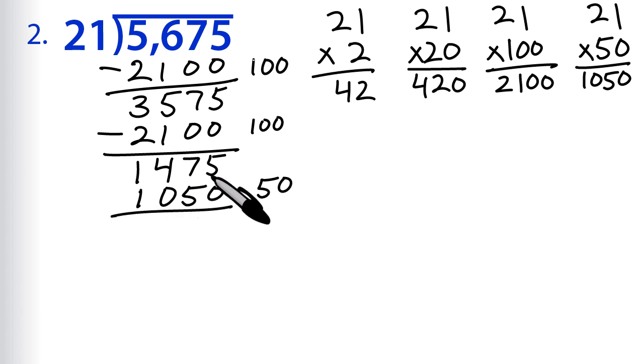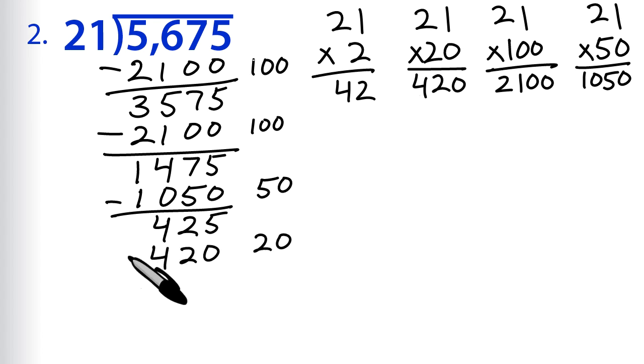All right, so we'll subtract 1,050 there. I'll put the minus sign there. So we have 425 as our current remainder, and that's still quite a bit larger than 21. So let's keep going. So 425, well, this would be perfect for the multiple of 20. Let's use 20 here. So 425 minus 420 is 5.